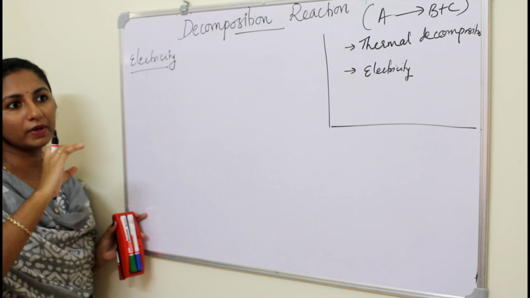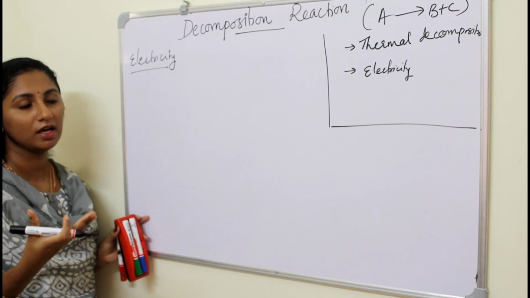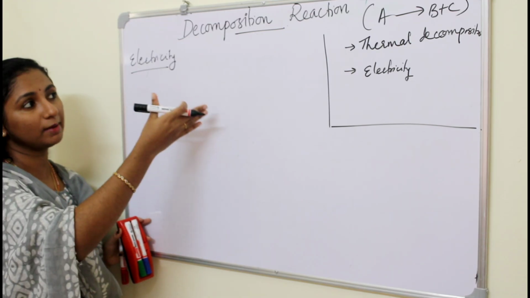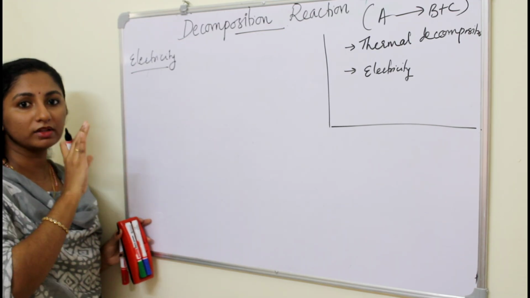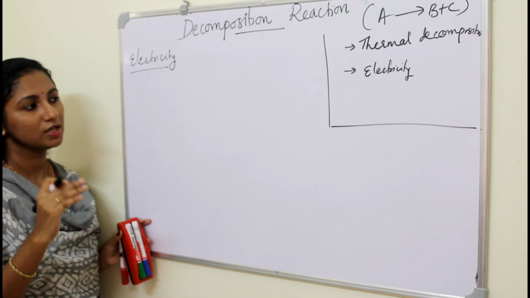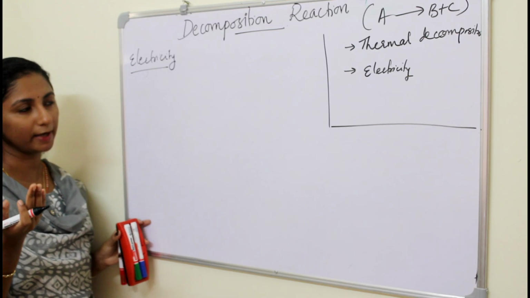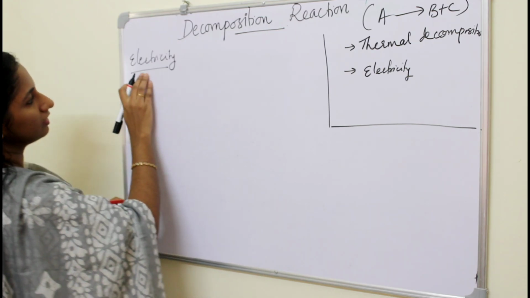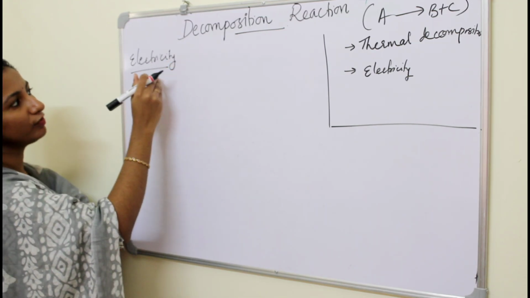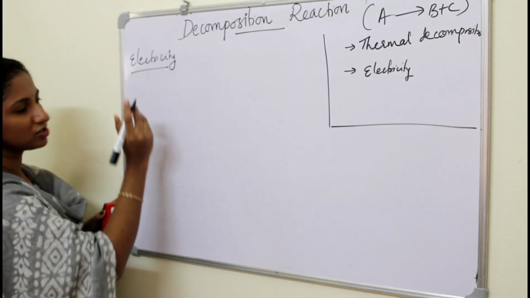That means during that reaction there is a chance to emit some amount of energy. But in this decomposition reaction, absorption of energy is occurring. That is the difference between exothermic and endothermic reaction. Now we can discuss the case of decomposition by the application of electricity.